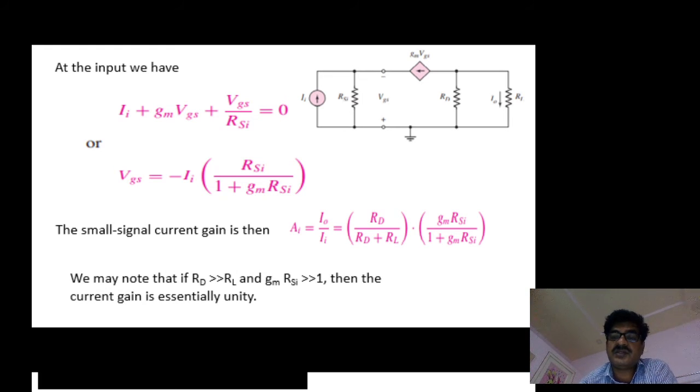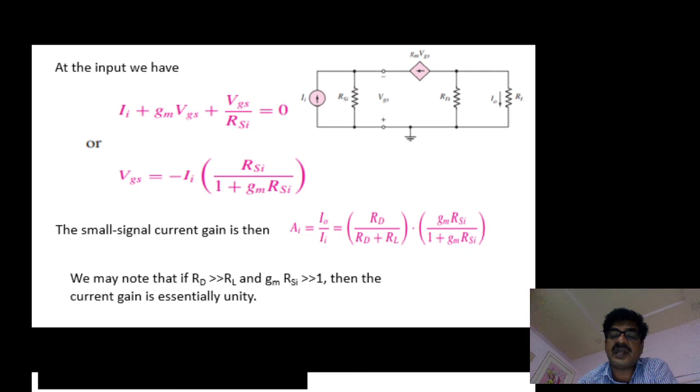Suppose RD is very high compared to RL, and the product of gm and RSI is far greater than 1. Then if you observe the above equation, everything cancels and it becomes unity.